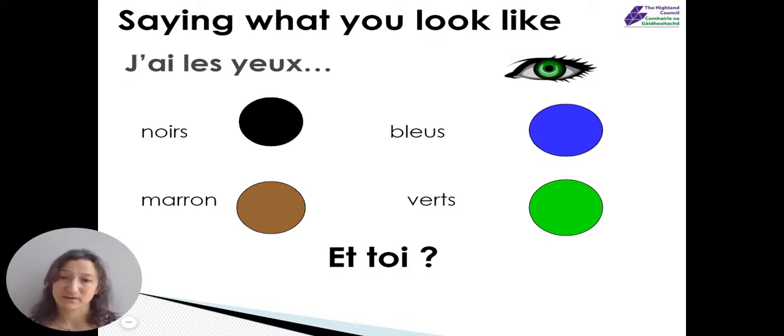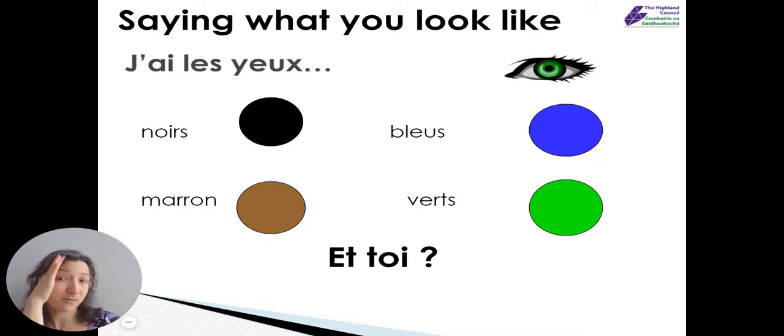Another way of playing that game is that you choose one learner. A learner comes up to the board, points to the image that's on the board, and the children all know that image. You, as the teacher, hide your eyes, you don't see it, and you then have to guess. J'ai les yeux bleus. And they're going, oui ou non.